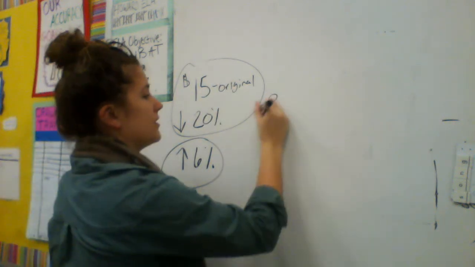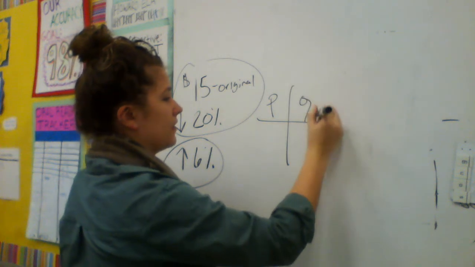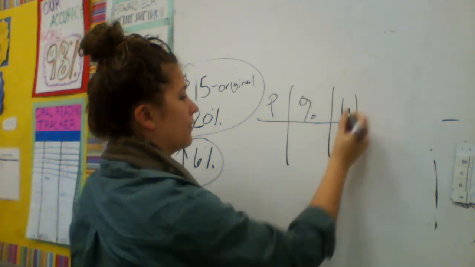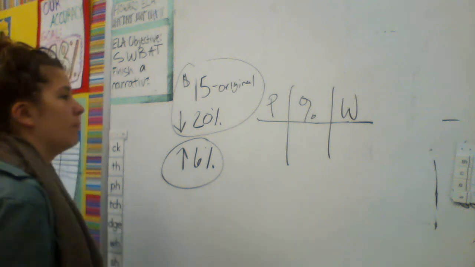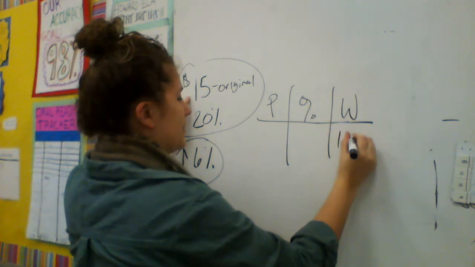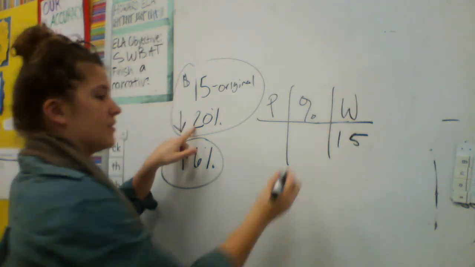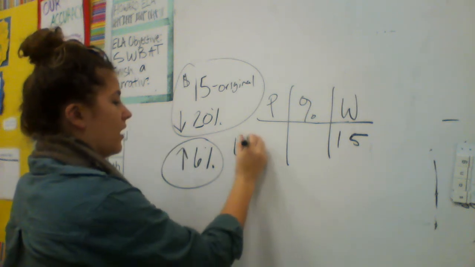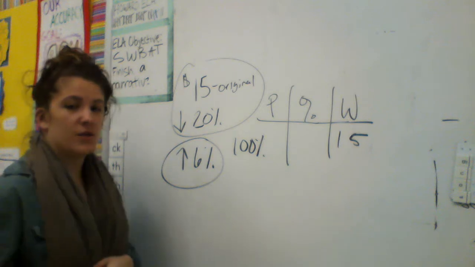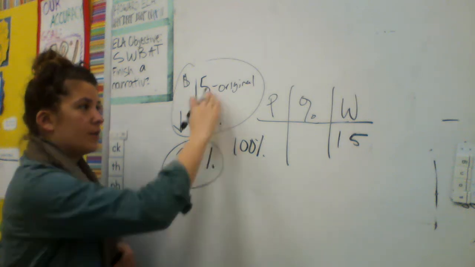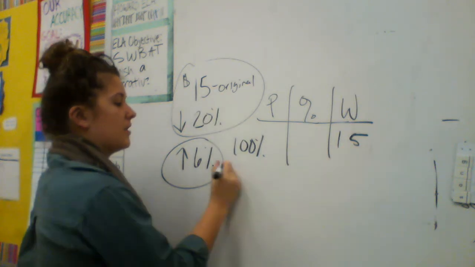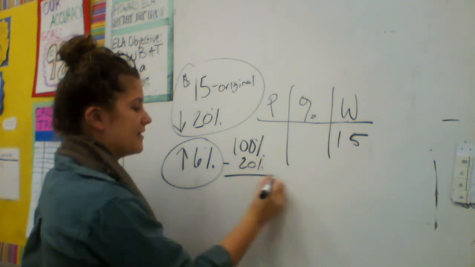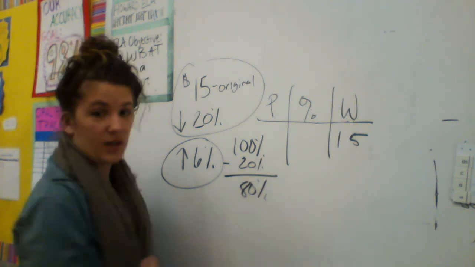So part, percent, and whole. My original selling price is $15, and it's a 20% markdown, which means it's 20% off the original cost. I originally pay 100% of the cost, which is $15. If I pay 20% less, then I only pay 80% of the cost.